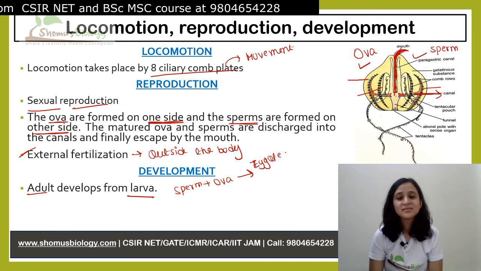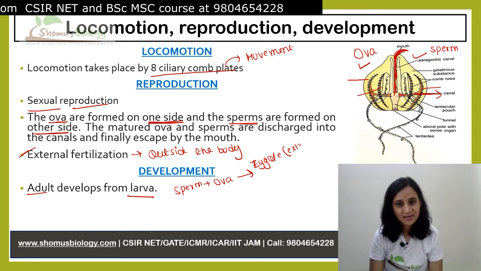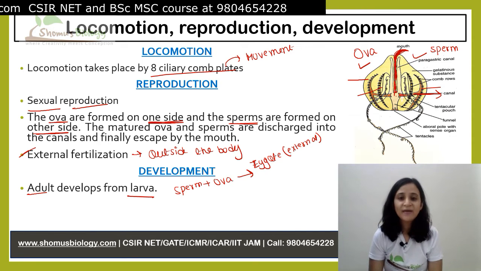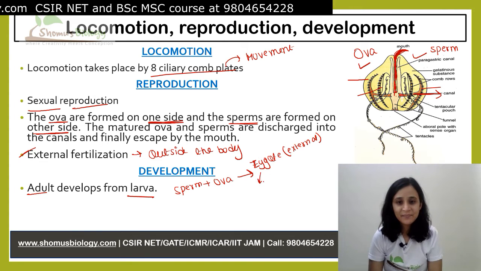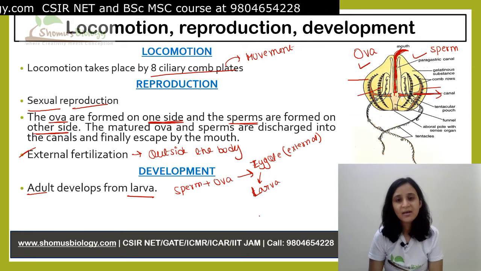Okay, so it is external, and from that zygote they yield larva.